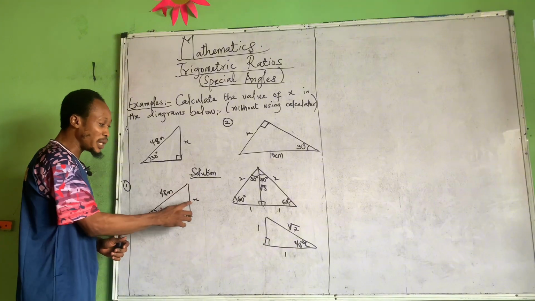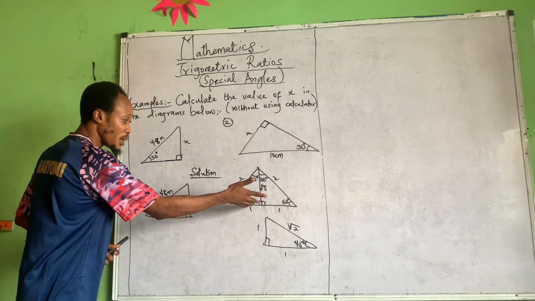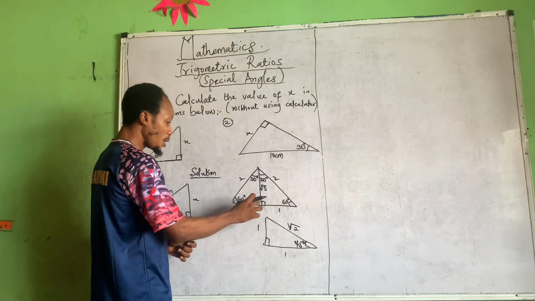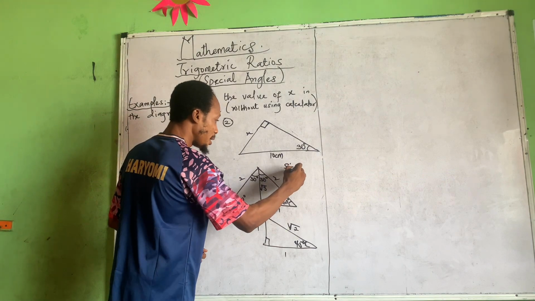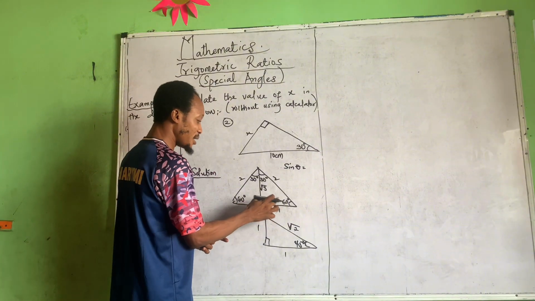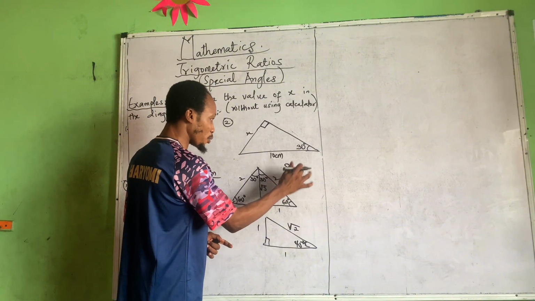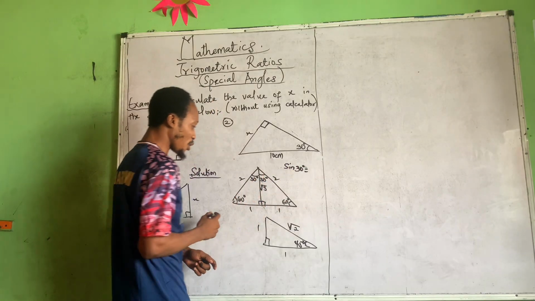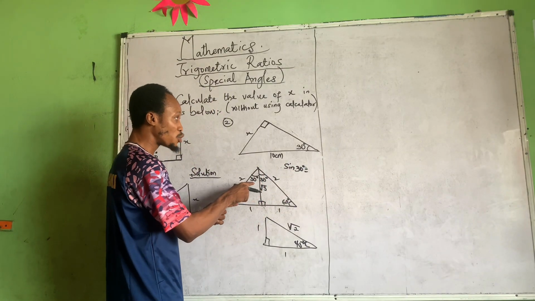So it means that we need to introduce our special angles. Now looking at this, let's say we have sine theta equals. Let's say we are looking for sine 60 now, for example. Okay, since it's 30, let's get for 30. Sine 30 is equal to, now sine is what? Opposite.